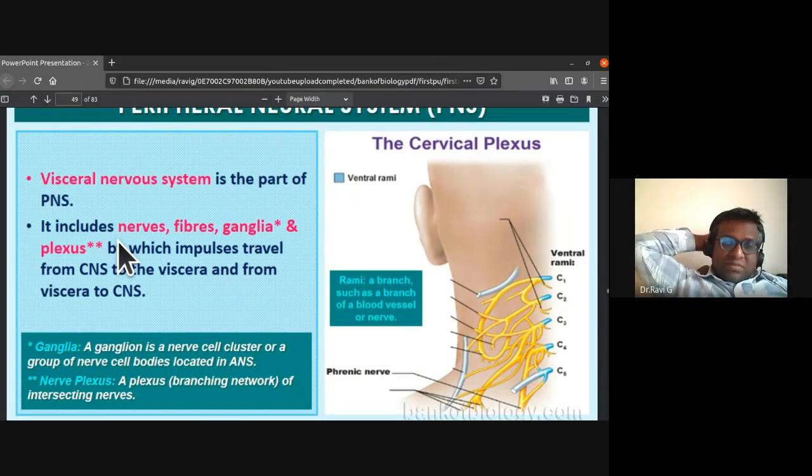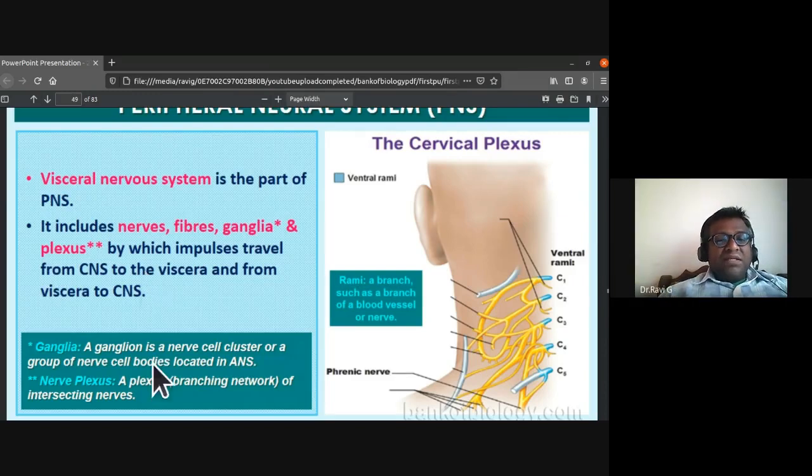It includes nerves, fibers, ganglia, and plexus by which impulses travel from the central nervous system to the viscera and from the viscera to the central nervous system.